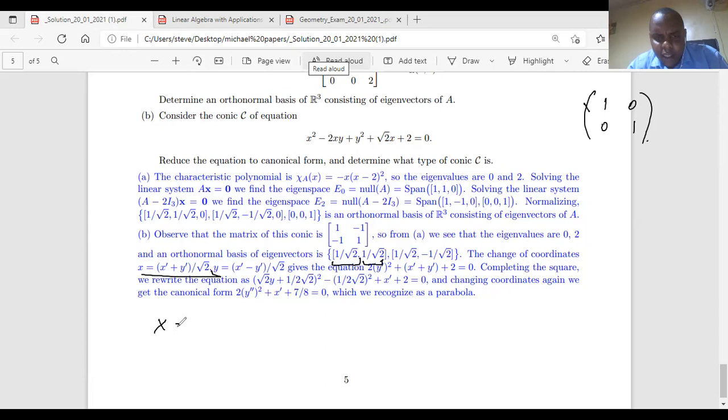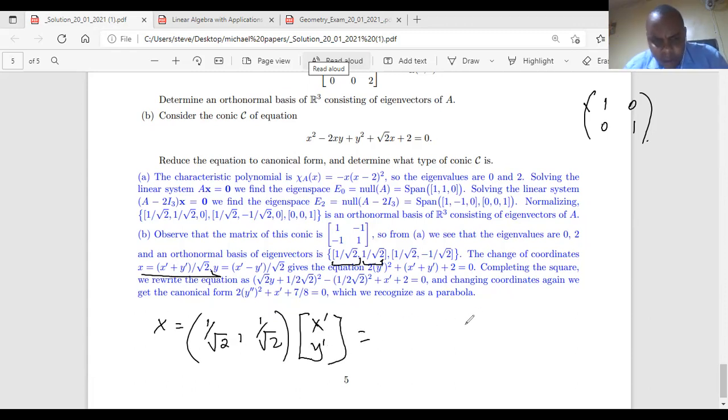He's setting X equals 1 over square root of 2 x prime, and then 1 over square root of 2 y prime.